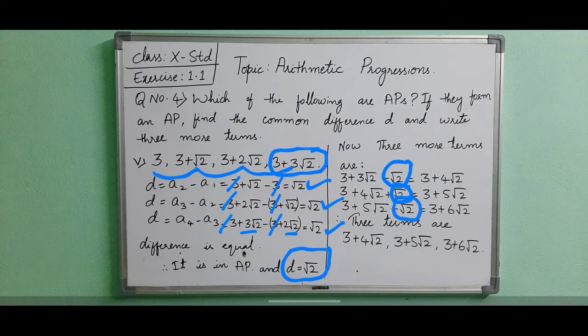So the next 3 terms are 3 plus 4 root 2, 3 plus 5 root 2 and 3 plus 6 root 2. In all the questions, we are applying the same method. First we check the difference. If the difference is same, we find the next terms by adding the difference to it.